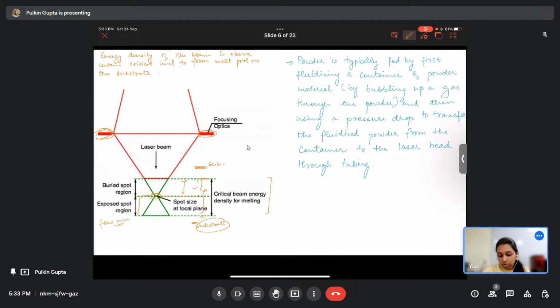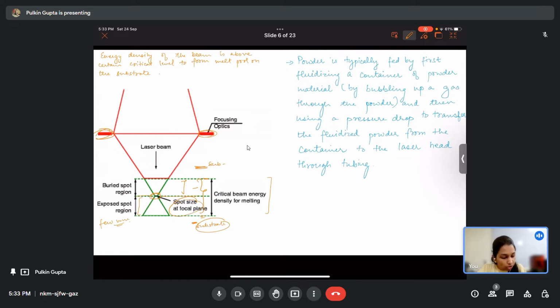Within this critical beam energy density region, the height and volume of the melt pool is dependent upon the melt pool location with respect to the focal plane.